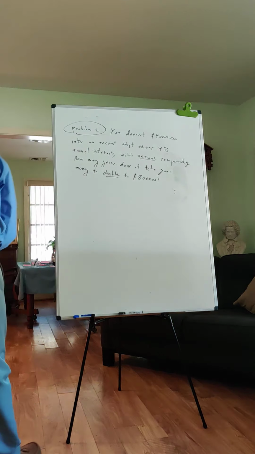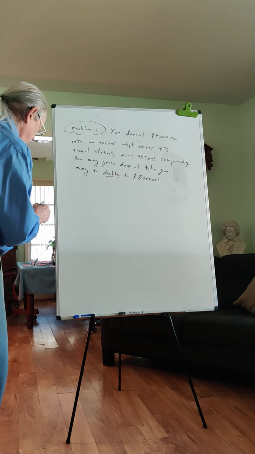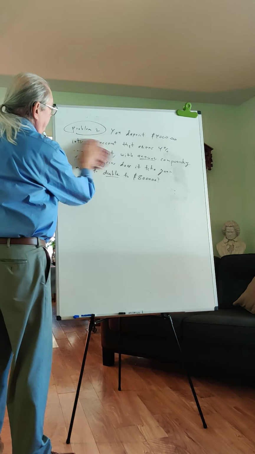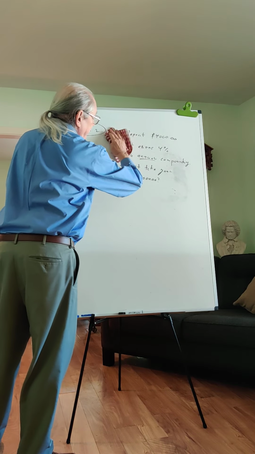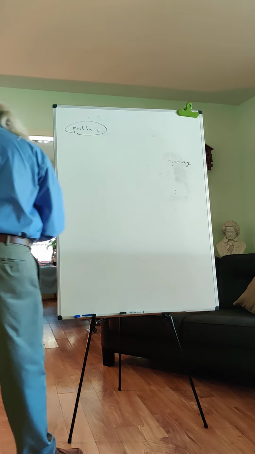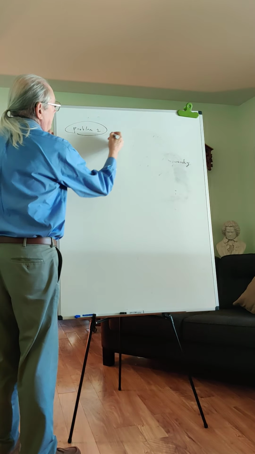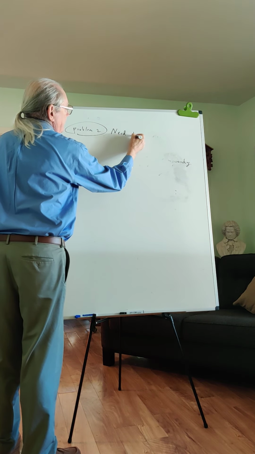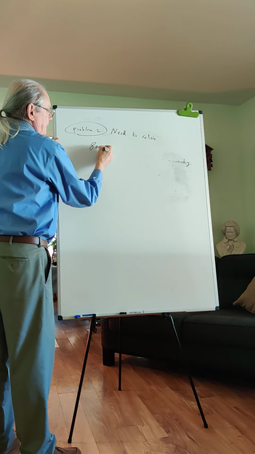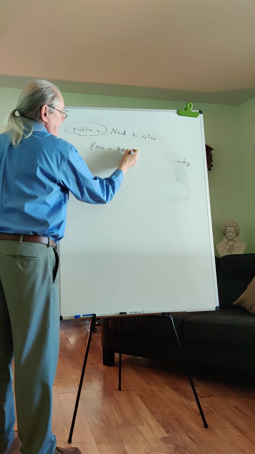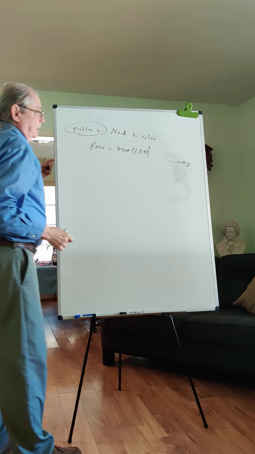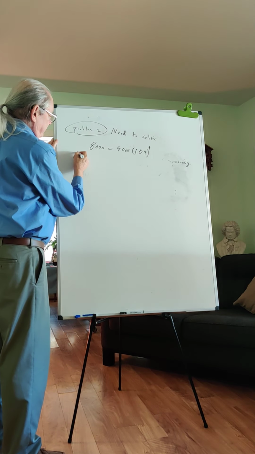Okay. So I hope you can hold that in your head because I need to erase. The equation that we need is this one: $8,000 is 4,000 times 1.04 to the t. We go through exactly the same steps. Take log of both sides.